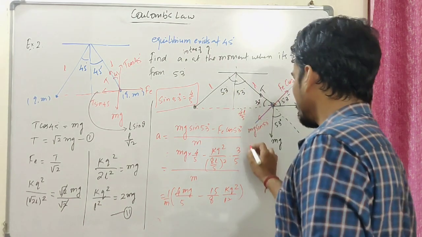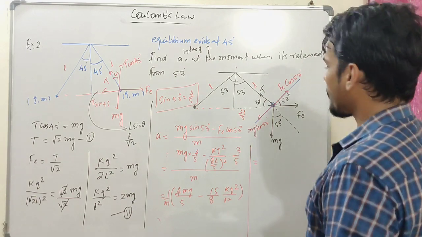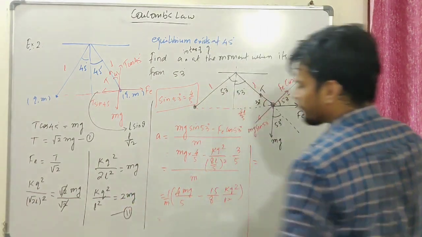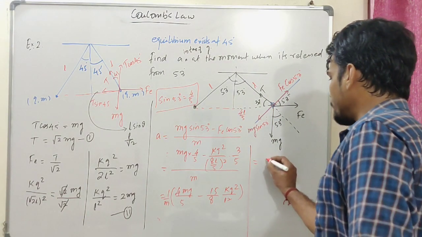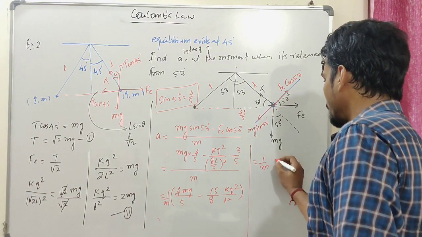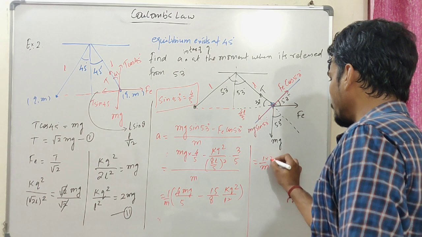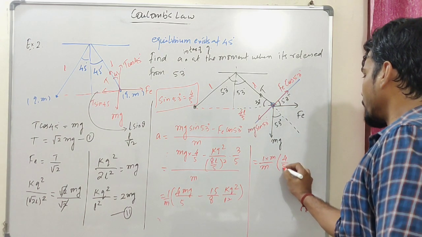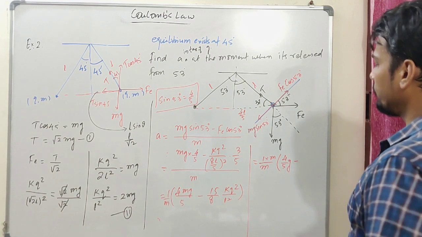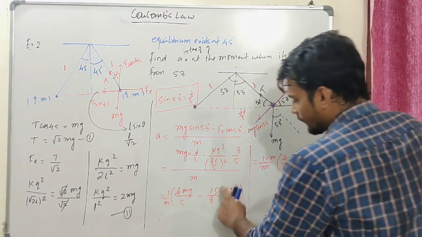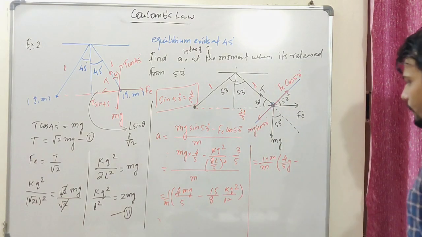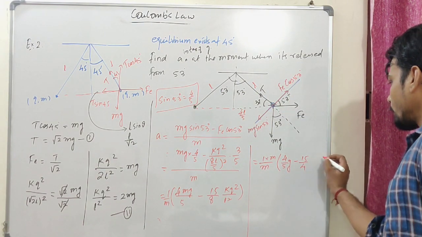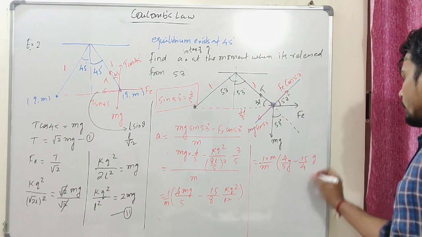Let me write it here. So that should be kq square over L square. Guys, I know that's going to be equal to 2 times mg. So I'm going to take out m common. I'm going to have 4 over 5 g negative. This entire thing is 2 mg. So I'll be having 15 over 4 g.